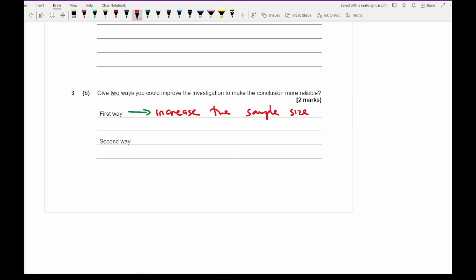The second way you could do is use different classes, because obviously we've only used 1 class, so maybe see if there's any notable difference. You could also use more samples and see if another class draws the same conclusion. So anything along those lines will be good enough to get your 2 marks.